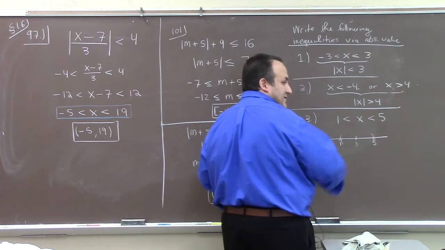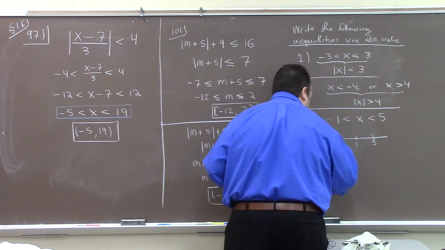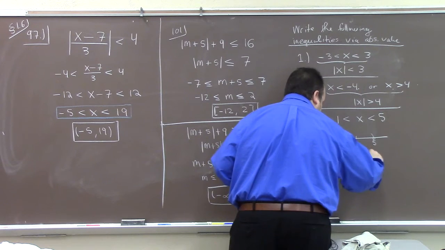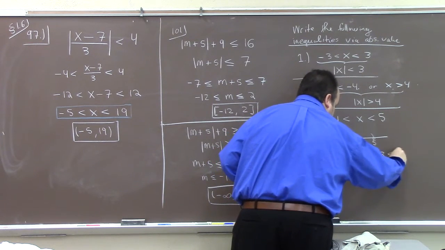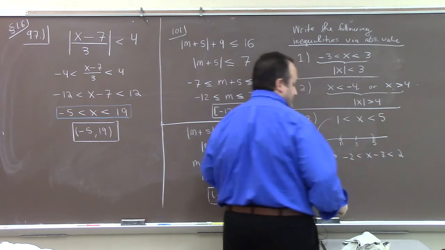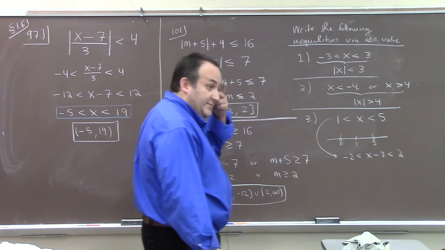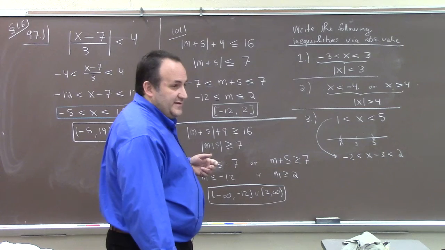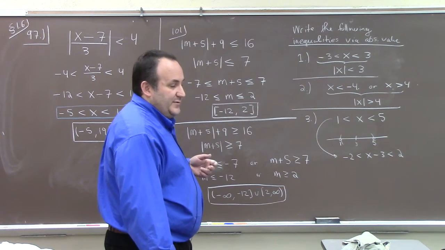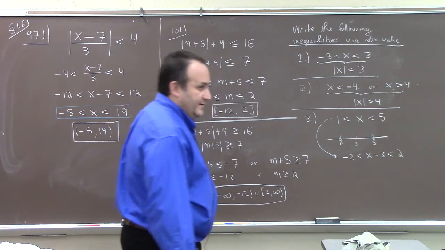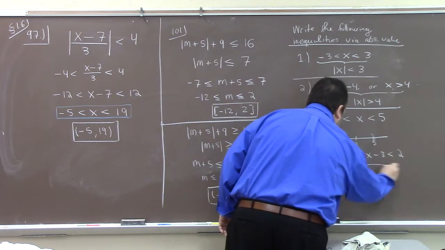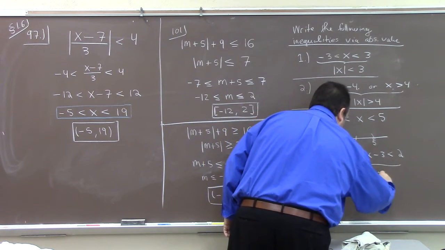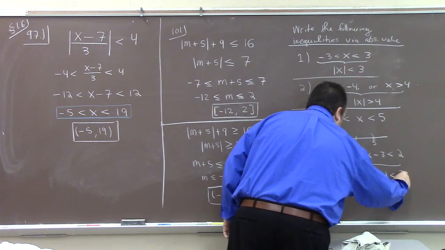To do that, I just subtract 3 across the inequality. I get minus 2 less than x minus 3 less than 2. And at which point I'm like, aha! This is exactly the absolute value of x minus 3 less than 2.